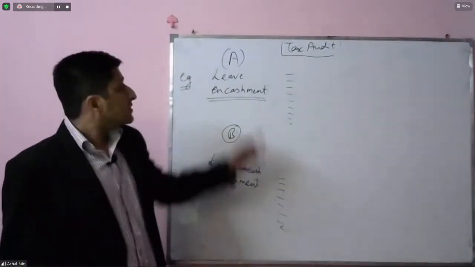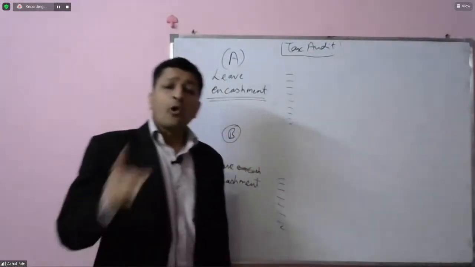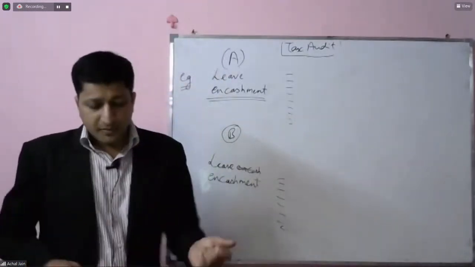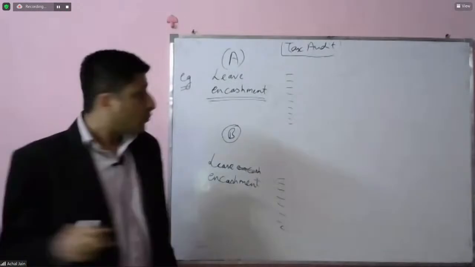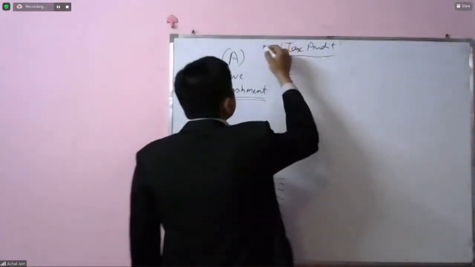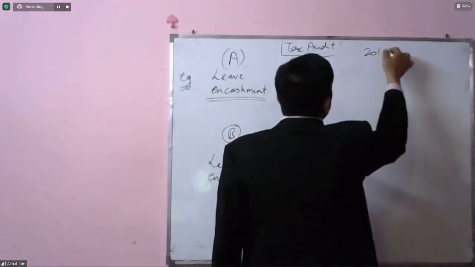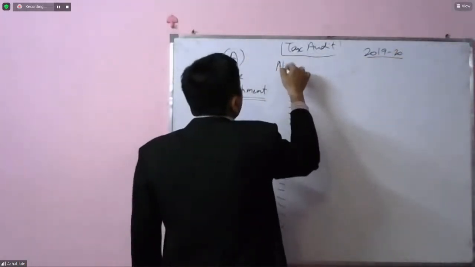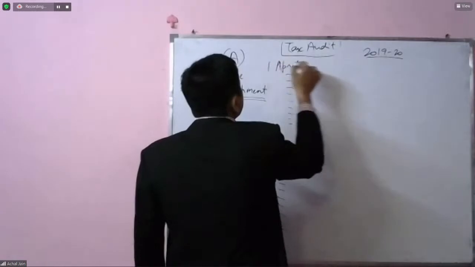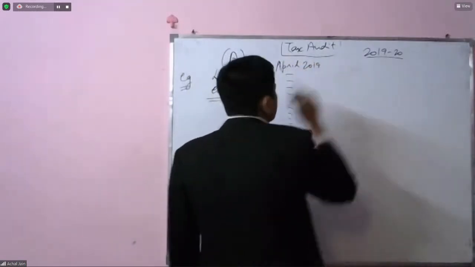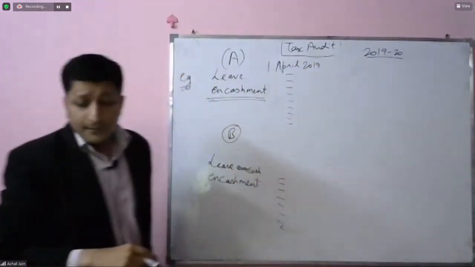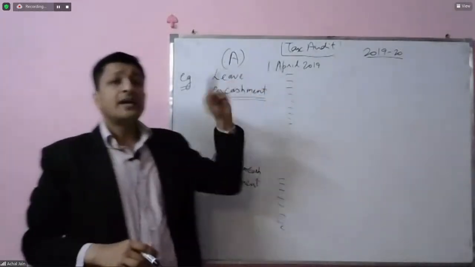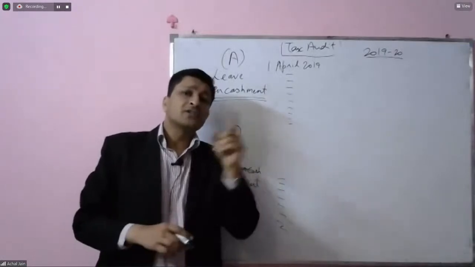If you look at clause number A, it talks about all the liabilities which existed on first day of the previous year. So let's suppose it's 2019-20. So that means it talks about all the liabilities which remained outstanding on 1st April 2019, or for us to understand, these would have remained outstanding on 31st March 19.